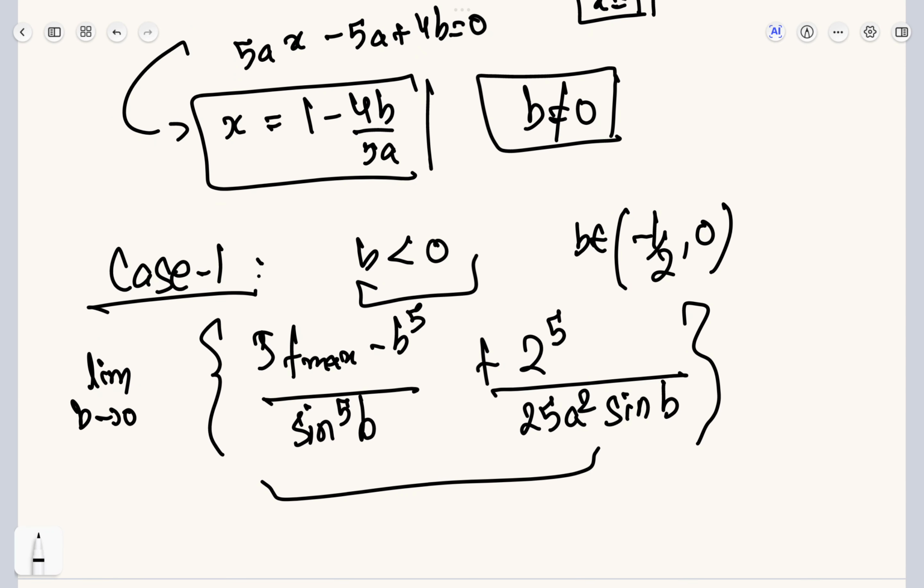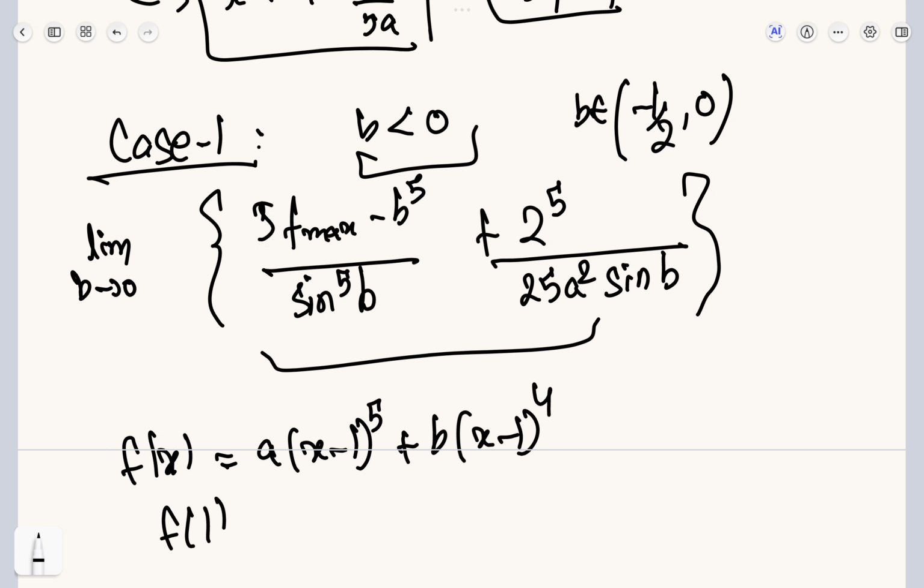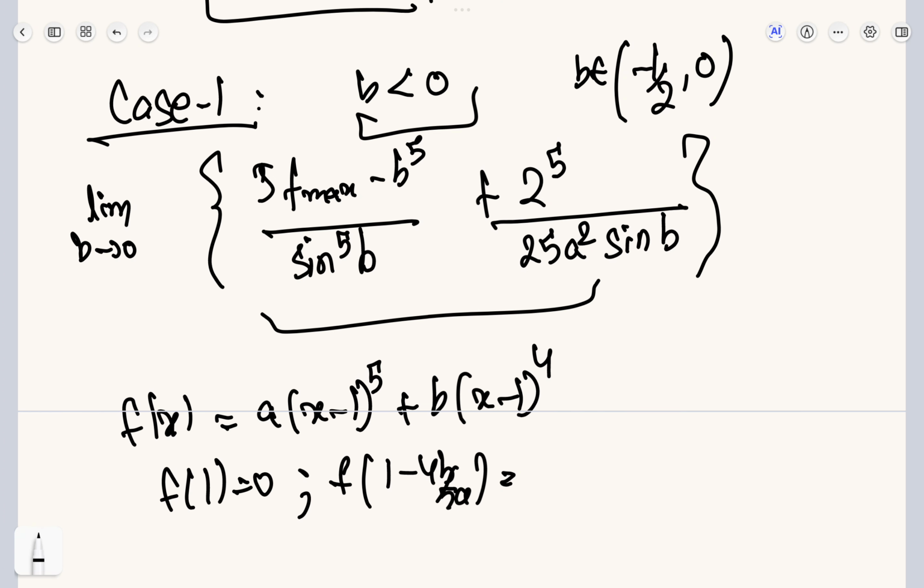Now what about f max? For f max, I got that f(x) was a (x minus 1) power 5 plus b (x minus 1) power 4. So f of 1 is 0, and f of 1 minus 4b by 5a would be 4 by a power 4 times b by 5 power 5.